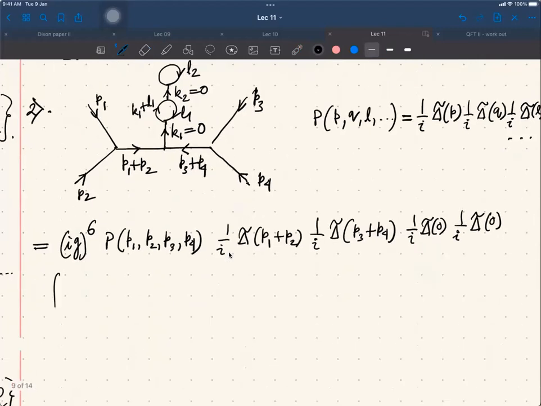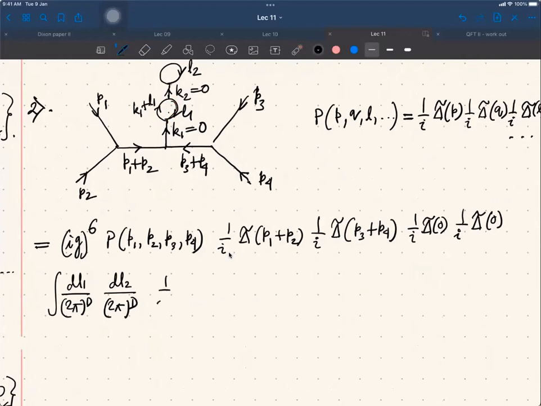And then the loop momenta integrals, d^d L1 over (2 pi)^d, d^d L2 over (2 pi)^d. For the first loop, there are two propagators involved, this one and this one, and both of them carry momentum L1 because K1 is 0. So 1 over i delta tilde L1, 1 over i delta tilde L1, and for the second loop it is 1 over i delta tilde L2. That's it.